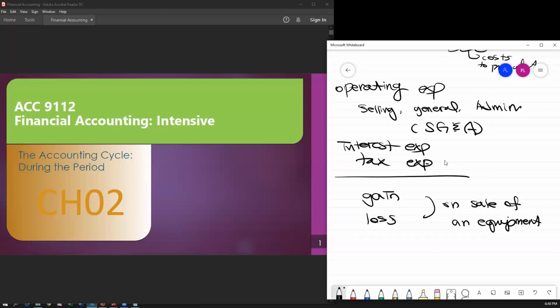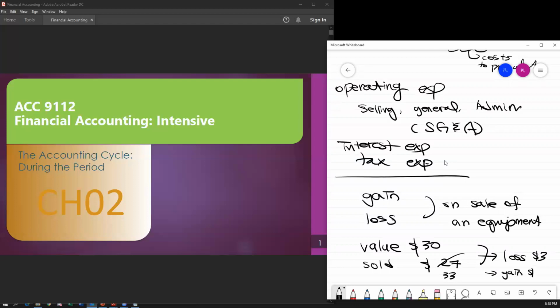For example, let's say the value of an equipment is $30, but you sold it at $27. The value is $30, but you're selling at $27, so you have a loss of $3. But if you sell the equipment at $33, then you record a gain of $3, because the value is 30 but you're selling at 33, so you're making some money out of selling your equipment. So you report the gain.